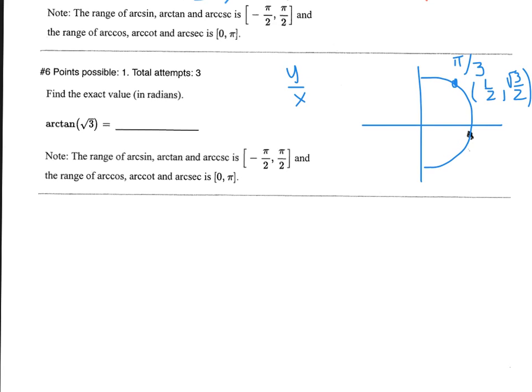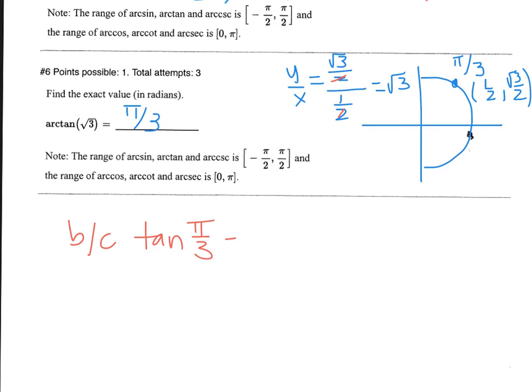So if we evaluated y over x to get tangent, then we would have square root 3 over 2 over 1/2. The 2's cancel each other out, and that results in just square root 3. Arctan of square root 3 is the angle pi over 3, and that is because tangent of pi over 3 is equal to the square root of 3.